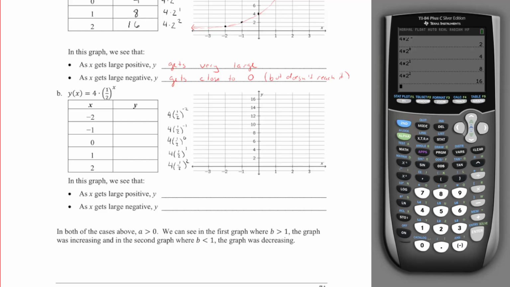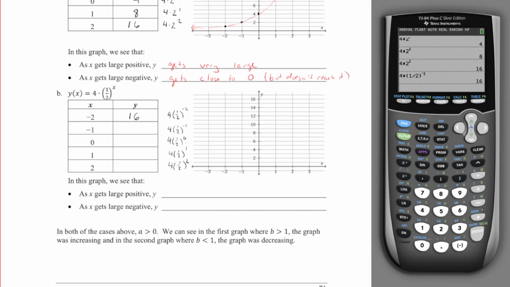And again, I could use the exponential pattern to fill these in, but for this example, I'm just going to calculate this completely naively. So 4 times a half to the negative 2. Oh, hey, that's 16 again.